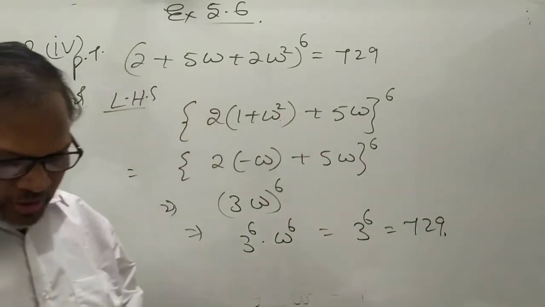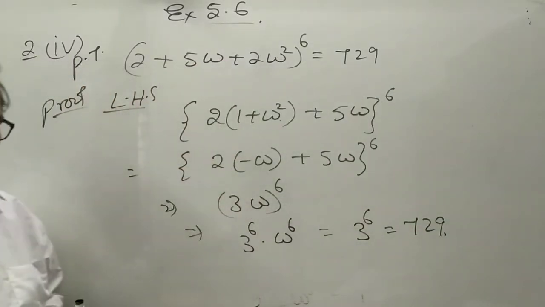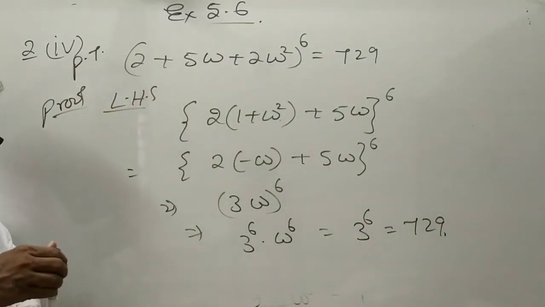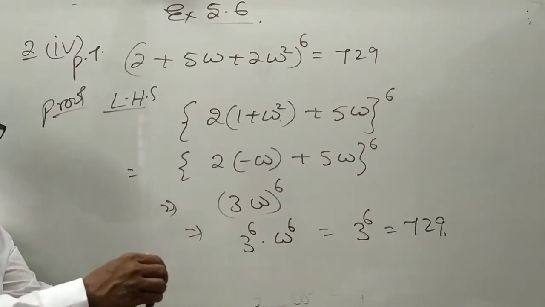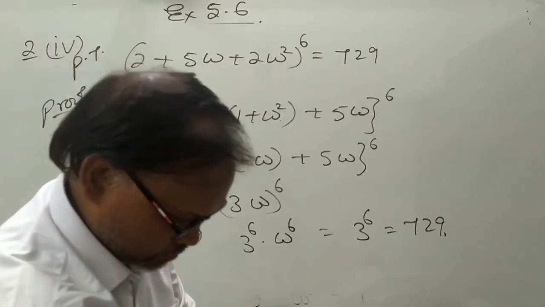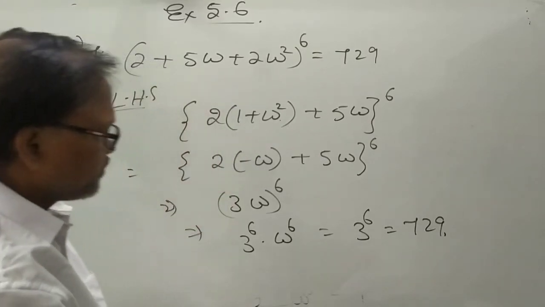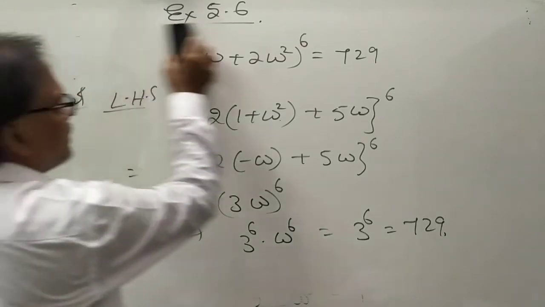Simple. So in this way you can calculate the value in a very simple manner. Only two relations are there, and with these two relations you can find the answer.